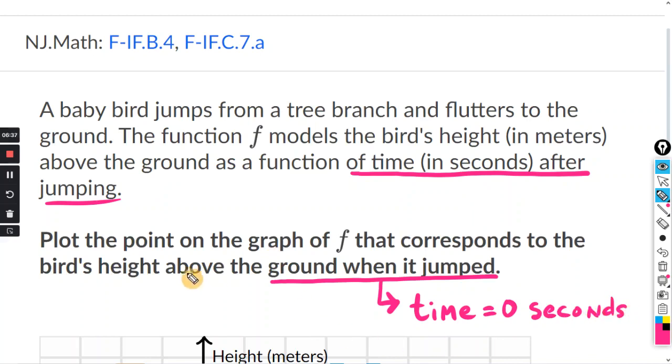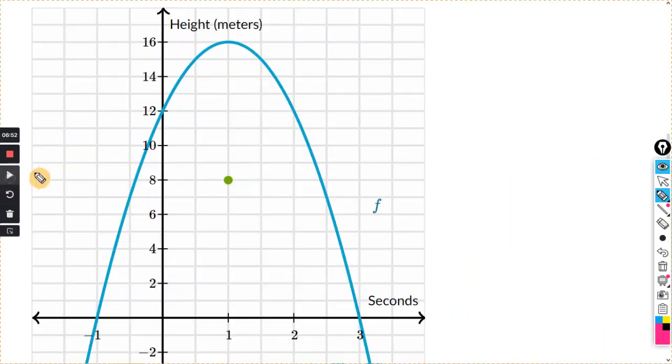All right, and as always, we are plotting the point on the graph. So all we have to do is find out when the time is at 0 seconds and trace that to the graph. So the y-axis is the height, but the x-axis is the time in seconds. Okay, we said 0 seconds.